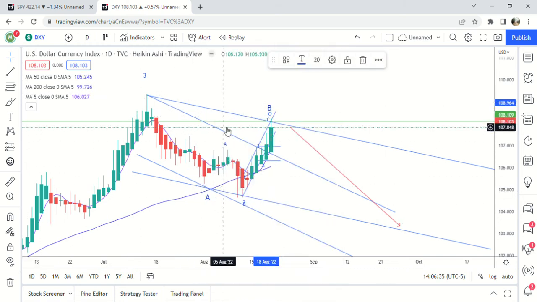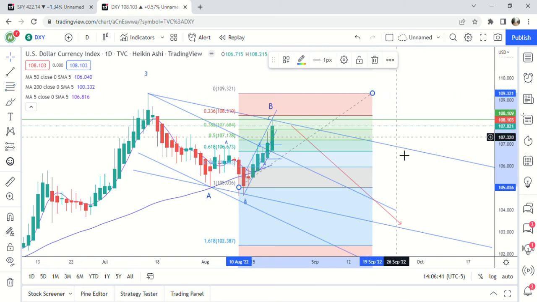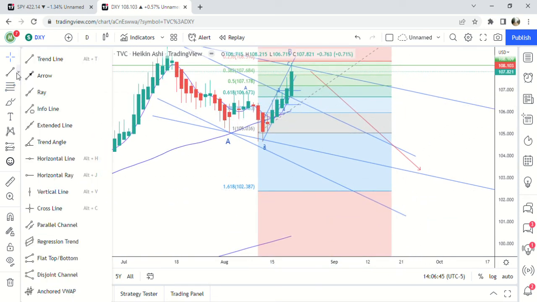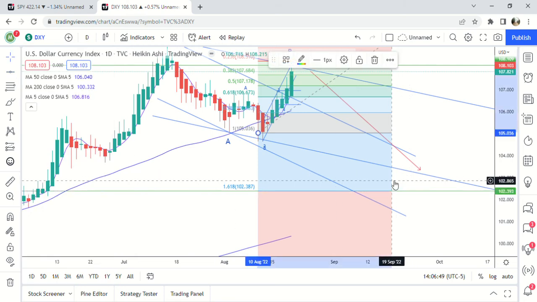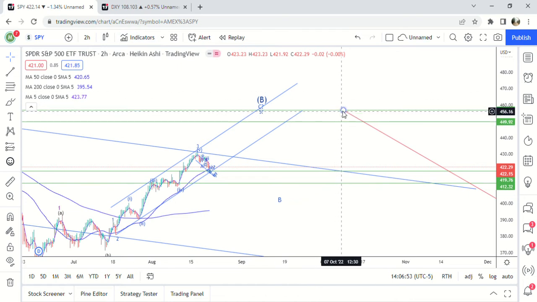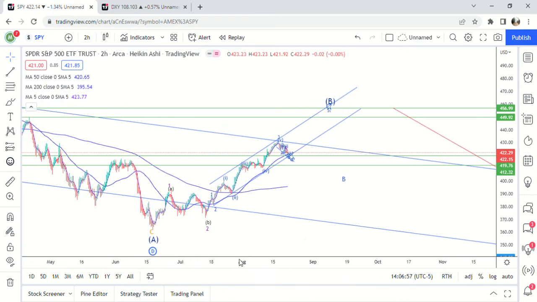So A, B, C, B, and then the target for the dollar would be down here at 102.39, and that would give us enough for us to probably get all the way up here to 450 to 456. And yeah, that's the alternative wave count.